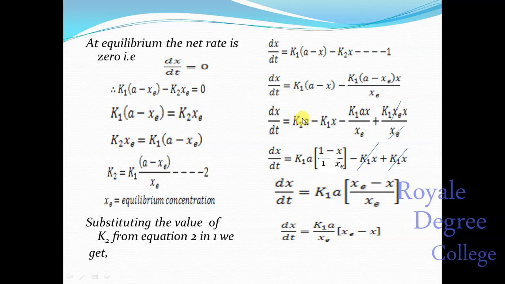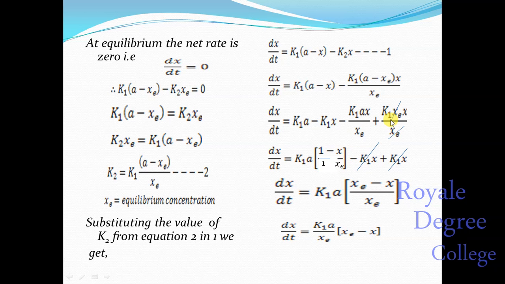It is going outside, and here nothing is there, so we write 1. Then minus, here remains x. This x we are writing, and nothing is there below, so here x by xe as it is we are writing.